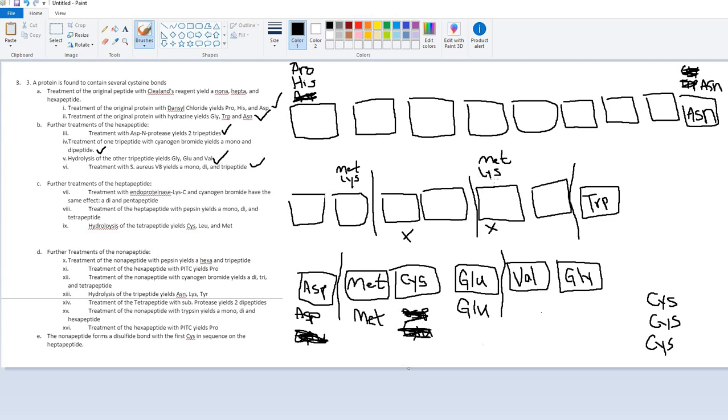And we know that this spot is reserved for a methionine or a lysine, so we know that one of those 4, leucine, phenylalanine, tyrosine, or tryptophan, has to go in this spot. So I'm going to draw those out off screen.